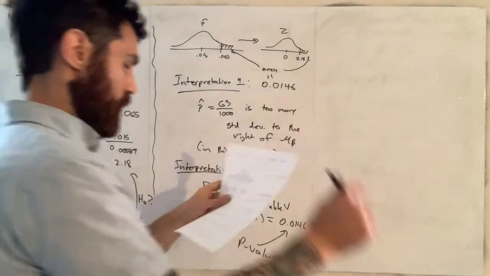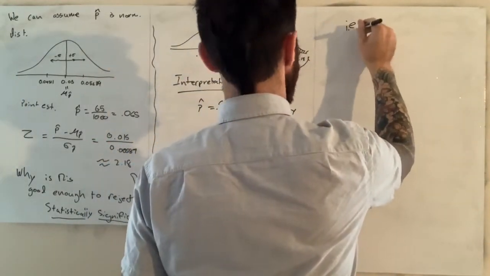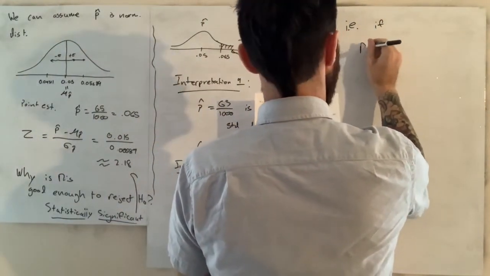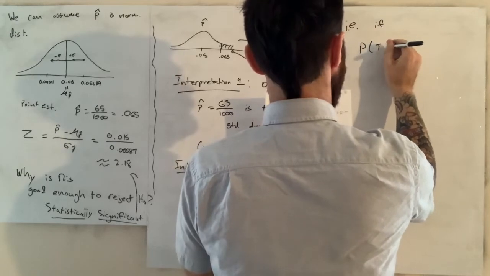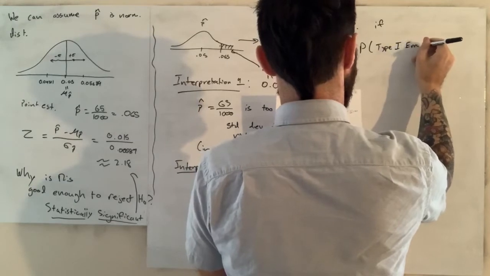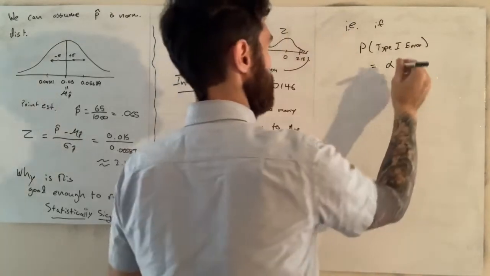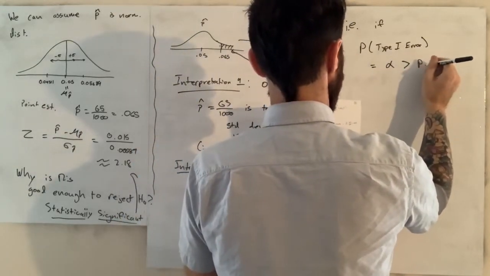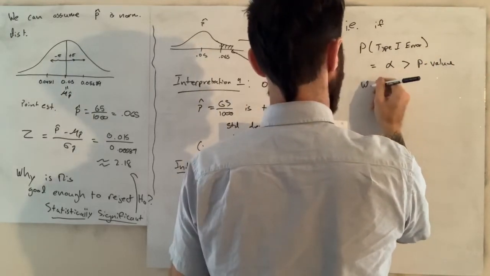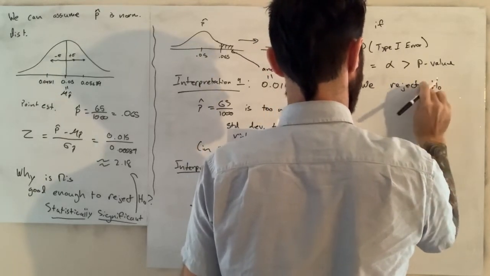And what we get here is, this is again part of interpretation 2, i.e. if the probability of making a type 1 error, which is equal to alpha, is greater than the p-value, then we reject H0.